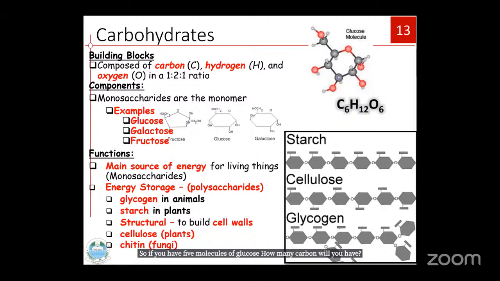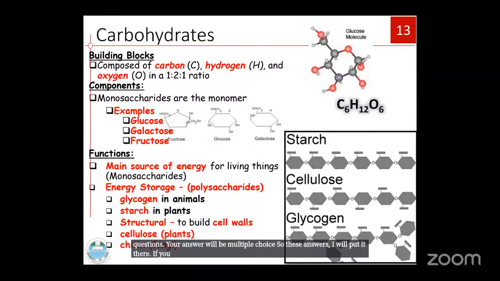These answers are funny, but that is what I can see. They can serve as options when we set objective questions. Your exam will be multiple choice, so I will put these answers as options. If you see your answer there, you will pick it, and if your answer is not there, you start thinking.